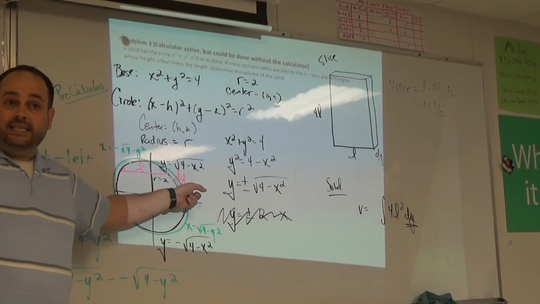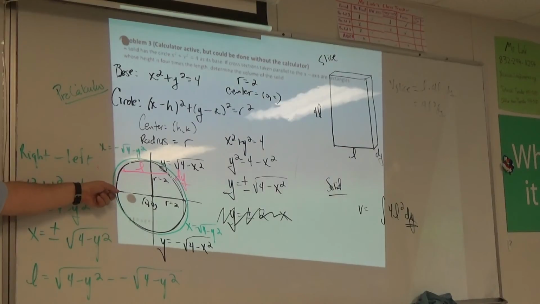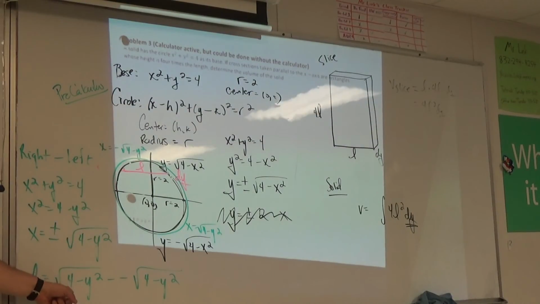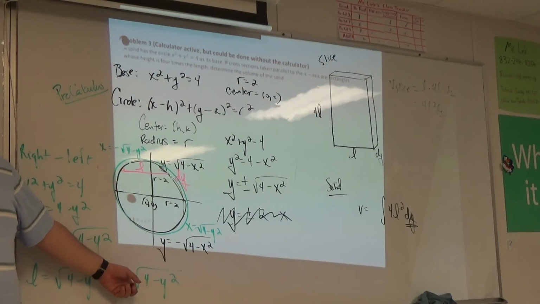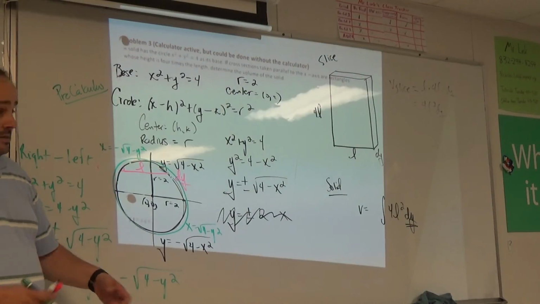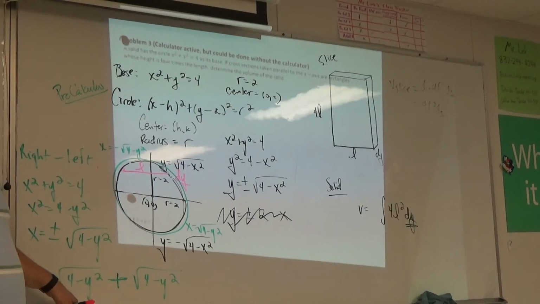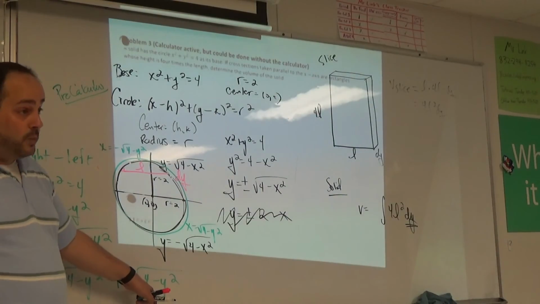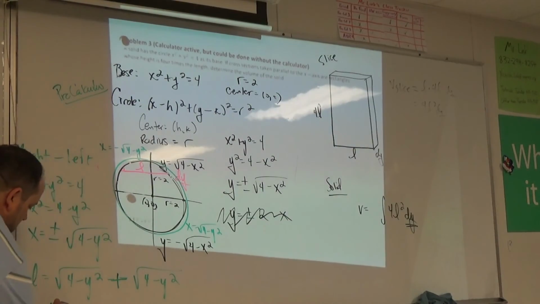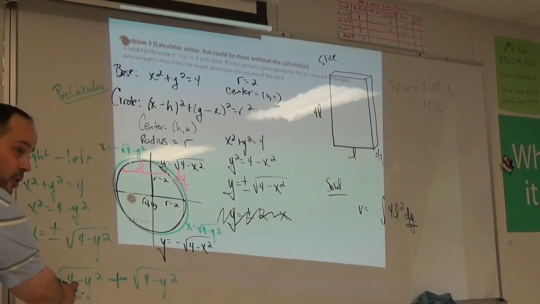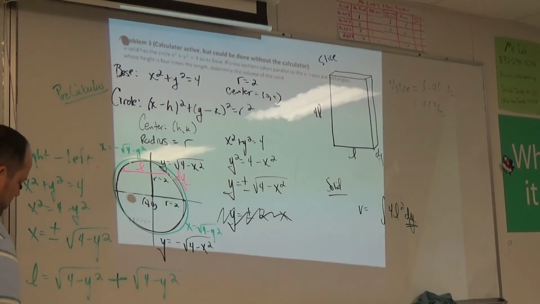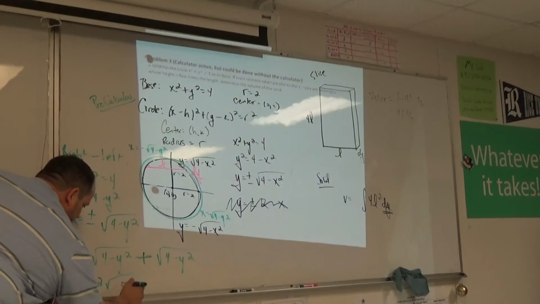I'm going from right to left. A better way to say this is plus: square root of 4 minus y squared plus another square root of 4 minus y squared is 2 square root of 4 minus y squared.